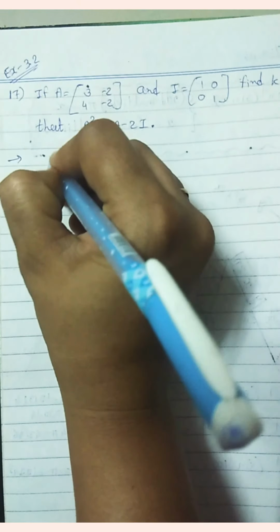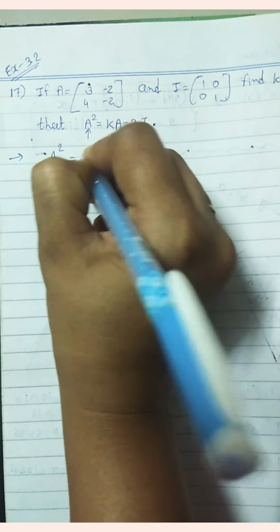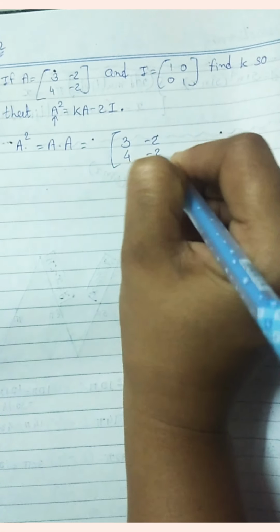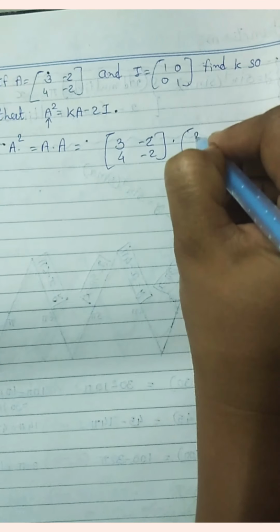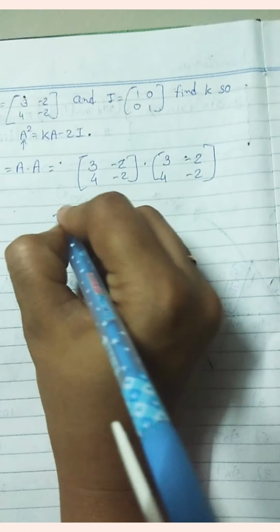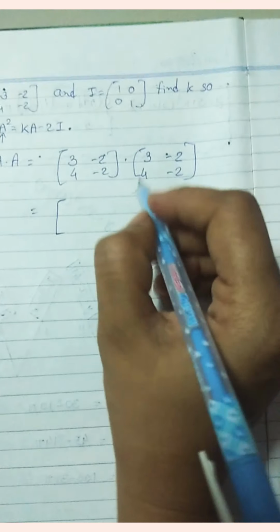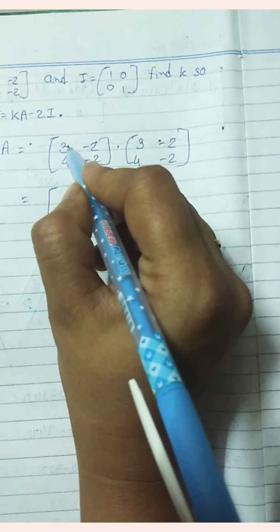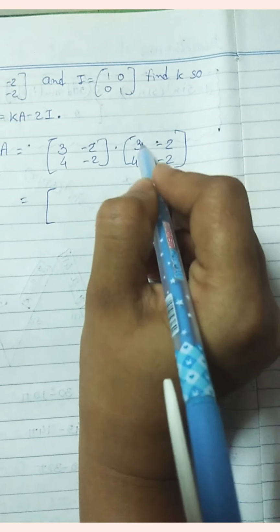Okay, so for that we need A squared is equal to A into A, that is [3, -2; 4, -2] into [3, -2; 4, -2]. Now from this we need the first member, that is A11, first row and first column.